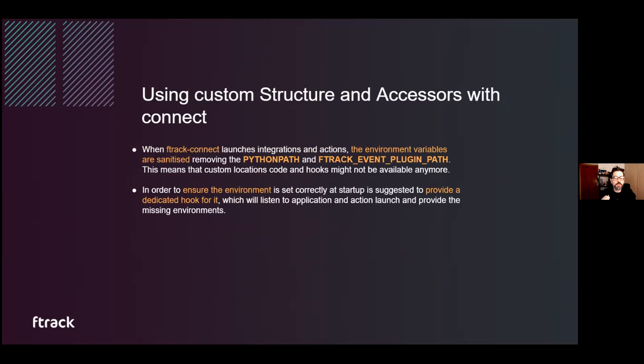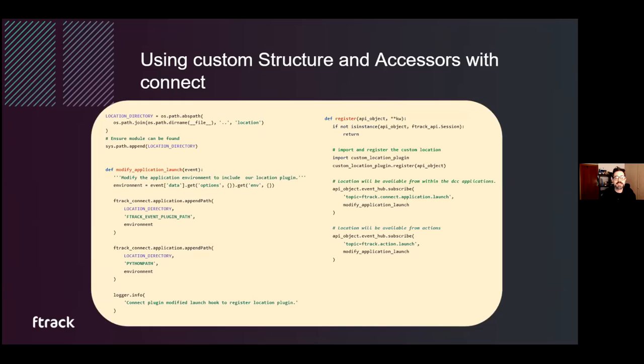So what you want to do is ensure that your hook reacts to the events that Connect emits, such as the ftrack Connect application launch or ftrack event action launch, and you react to this to register again the bits and pieces that you require. In this case, for example, it could be resetting the ftrack event plugin path, as well as the Python path, so the modules will be available again from your interpreter.